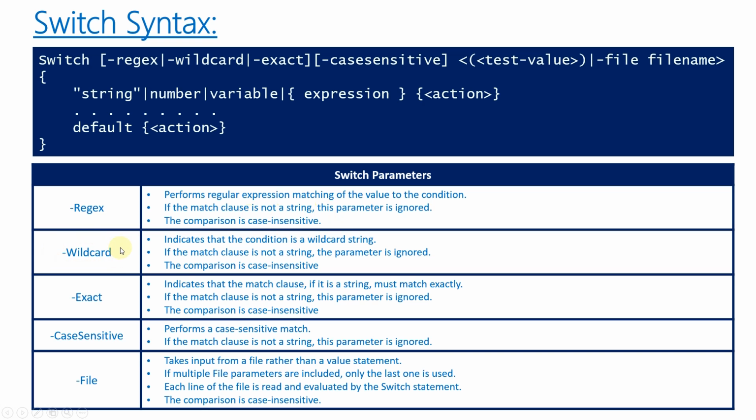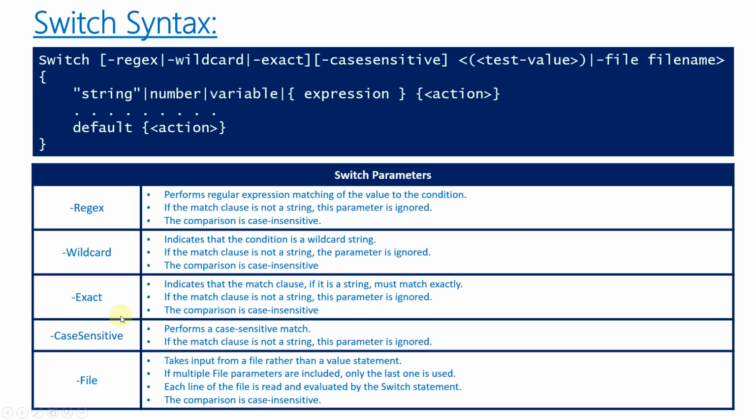It will match the condition with a wildcard string, and if the match is not a string, again it will be ignored, and this is also case insensitive. After that we have exact. It will match exactly if the variable is a string, and if it is not a string it will be ignored, and this is also case insensitive by default.